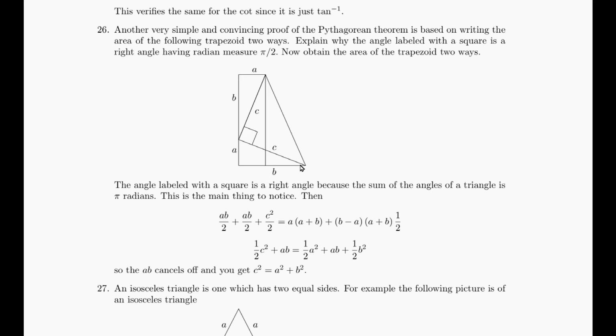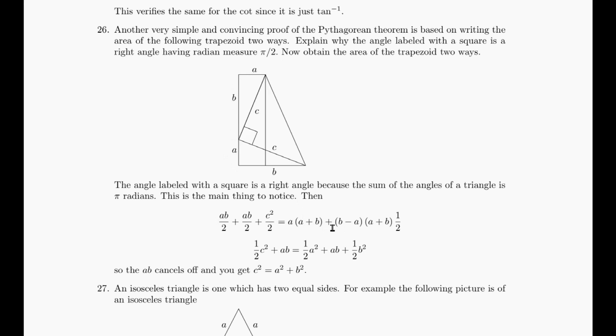Okay? And so now we can write down the area of this trapezoid in 2 ways. I can take A times B. See, there's A times B, divide by 2. That gives me the area of this triangle, plus the area of this triangle, plus the area of the big triangle. That's the left side. Or I could take A times A plus B. See?